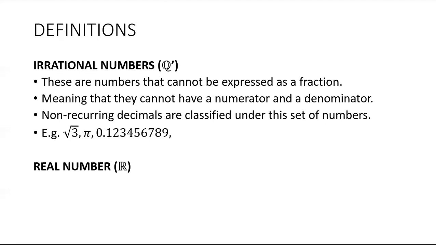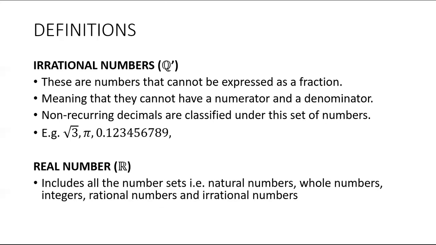And then we've got real numbers. What are real numbers? Real numbers are simply all the numbers that we have dealt with thus far. So it starts with your natural numbers, whole numbers, integers, rational numbers, as well as irrational numbers. All of them, we normally refer to as real numbers.